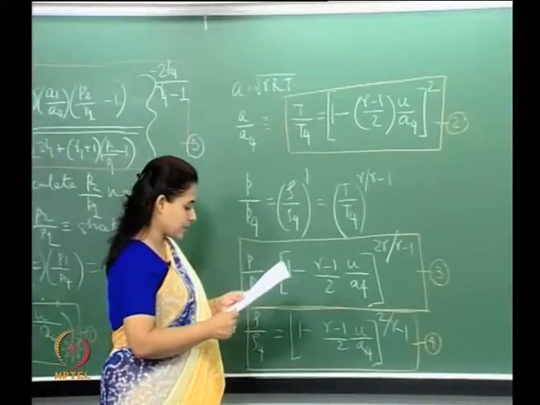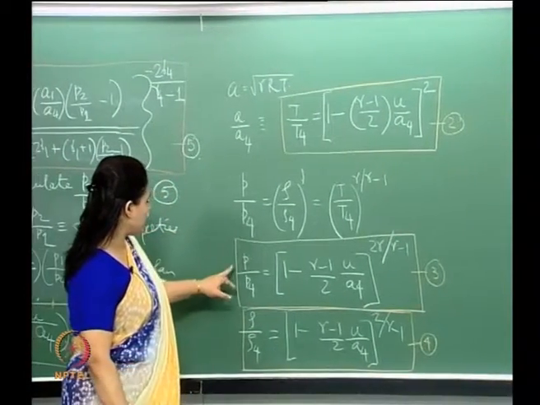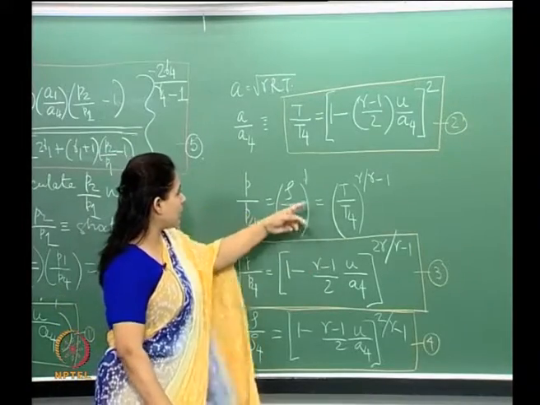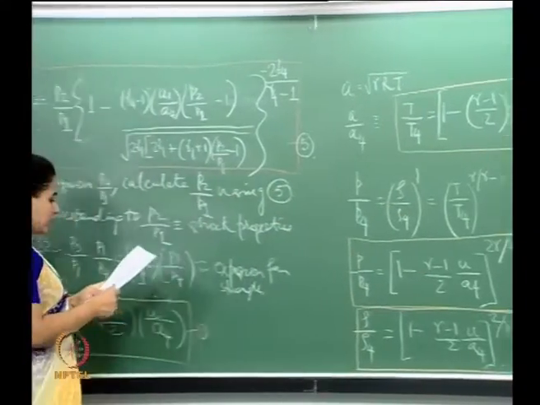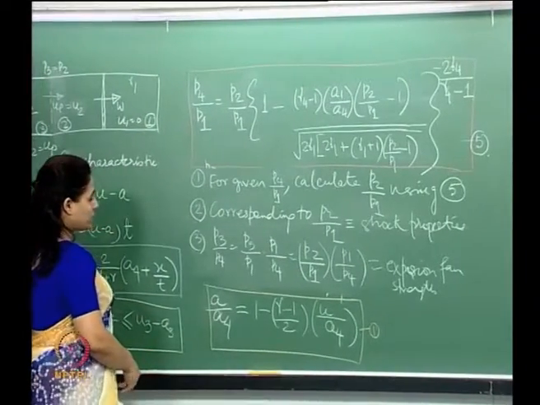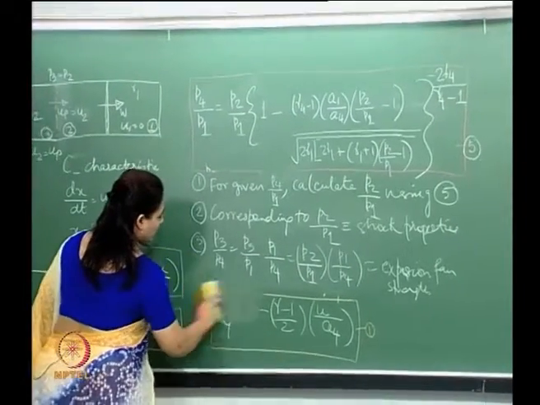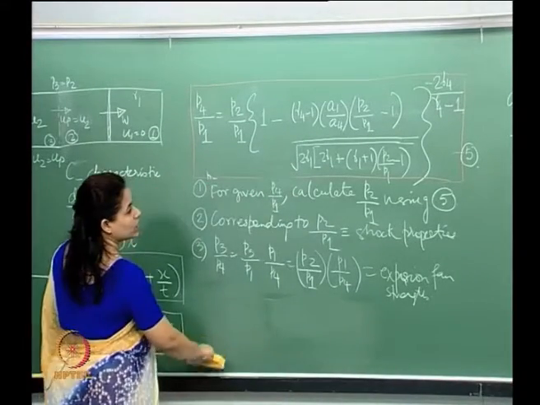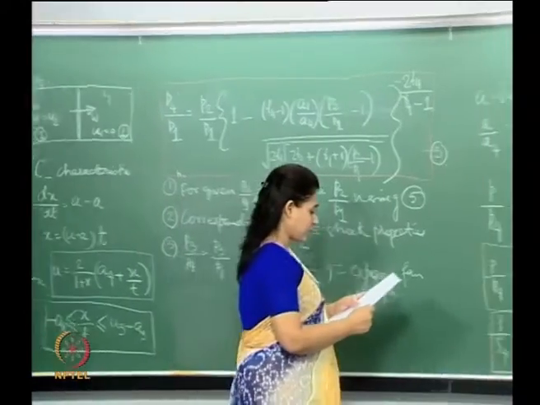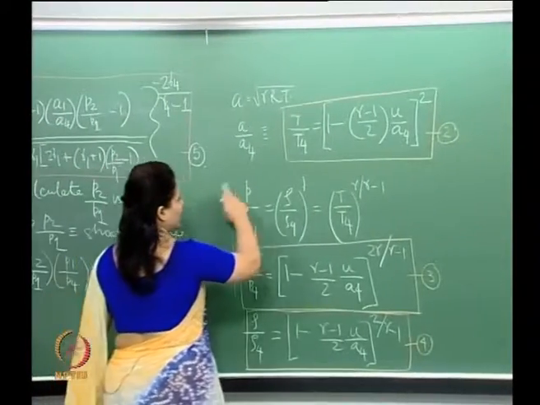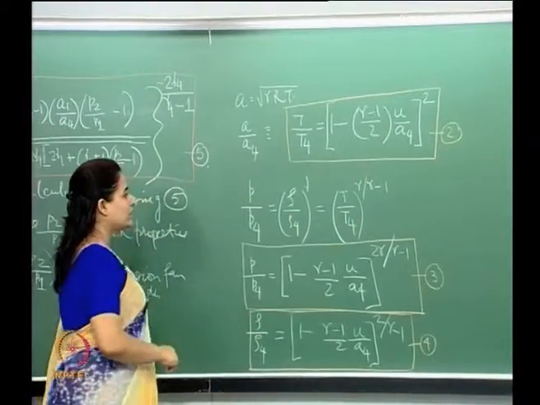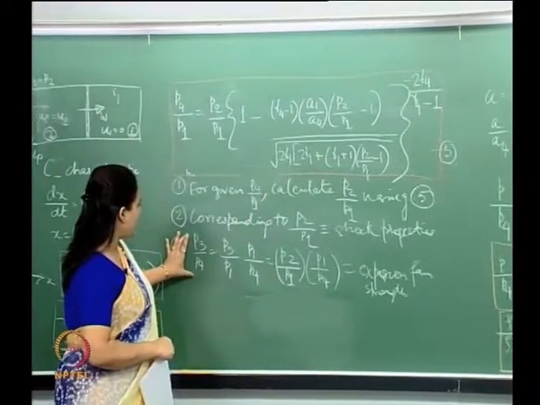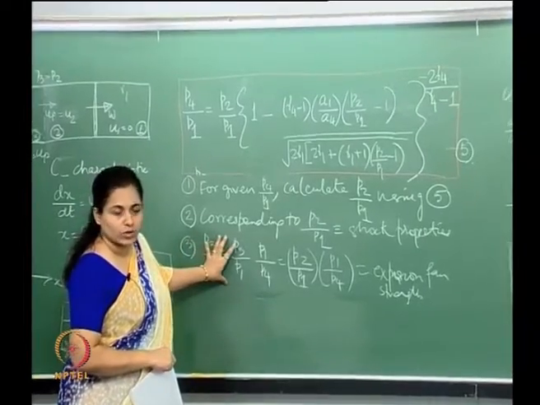If you look at this, P by P4 here, what we can do now is use the isentropic relationship, which I have written over here. At this point, what I have found out is P3 by P4.